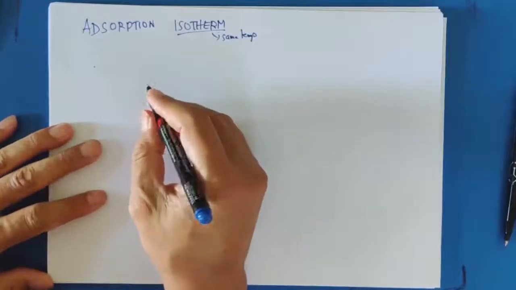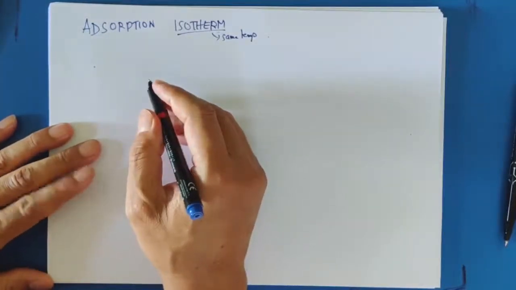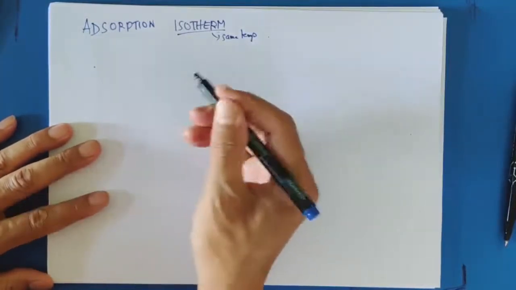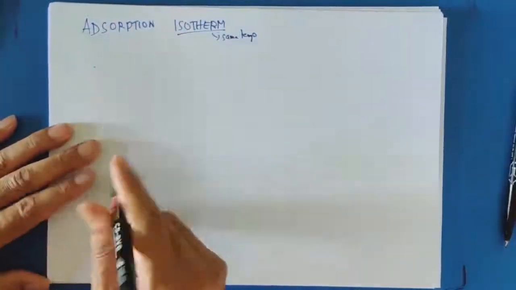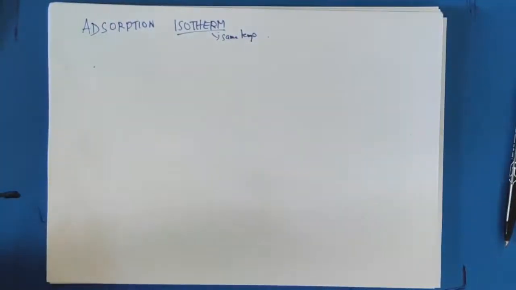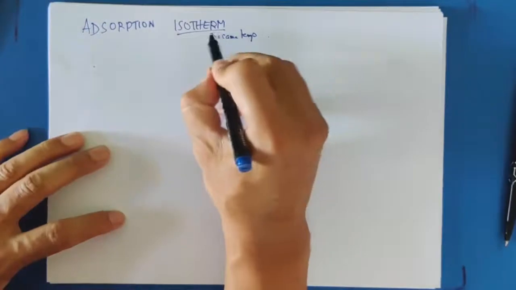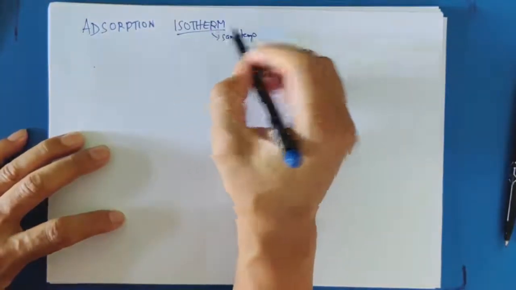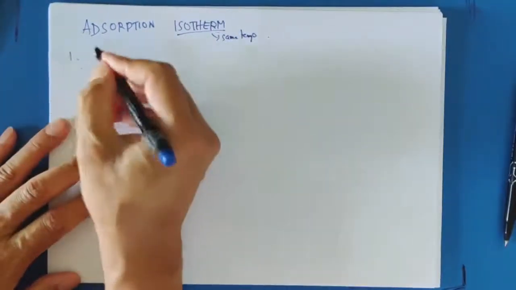So adsorption isotherm is basically all about the effect of pressure on adsorption, keeping temperature constant.